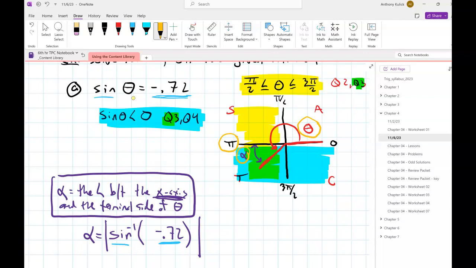So what can we say there? If I followed theta from here to here, that's pi, right? Everybody agree with that? And then if I go from pi to the terminal side, that was alpha. So in this picture, I can say theta equals pi plus alpha.